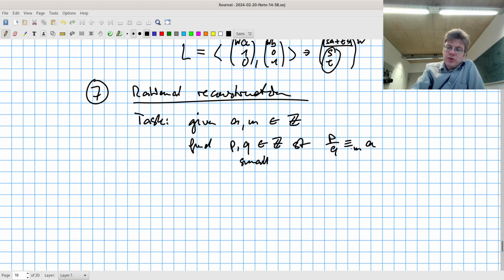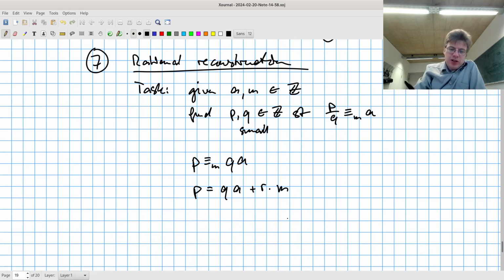Here, what you would do is take this equation and rewrite it differently. So what this means is P is equivalent to Q times A mod M, and this you can also write as P is equal to Q times A plus R times M. And this is an equation where you know the A, you know the M, and you want to know, actually you don't care about the R, but okay, we get it for free in addition.